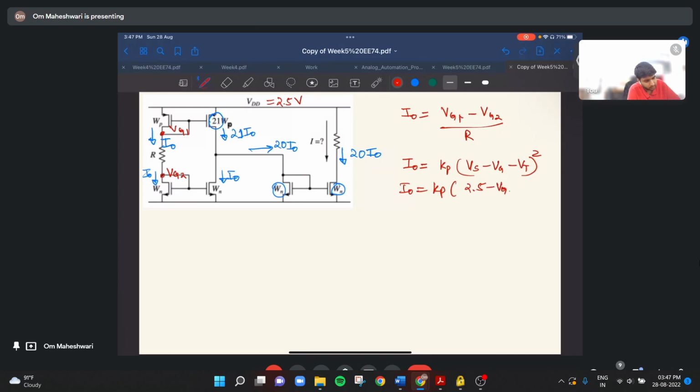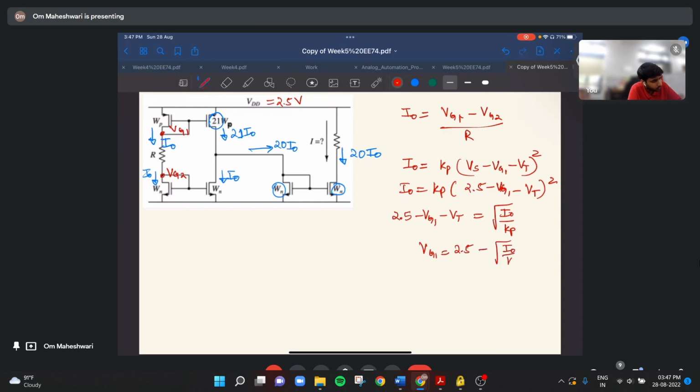So I naught equals KP (2.5 minus VG1 minus VT) whole square. Let it be VT only for now. So 2.5 minus VG1 minus VT equals under root I naught by KP, and VG1 equals 2.5 minus under root I naught by KP minus VT. This is VG1.